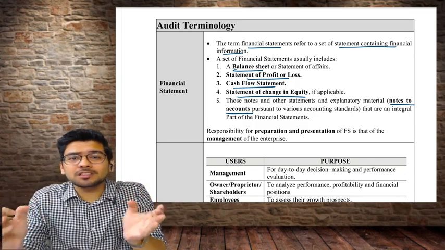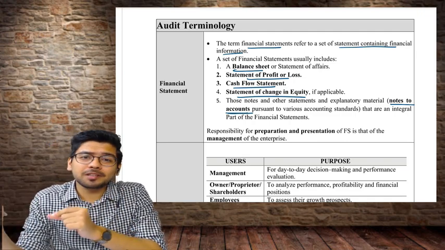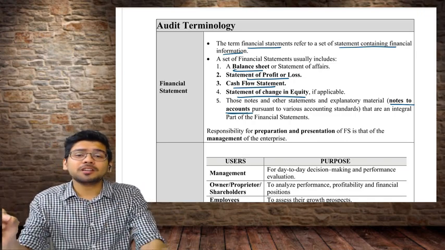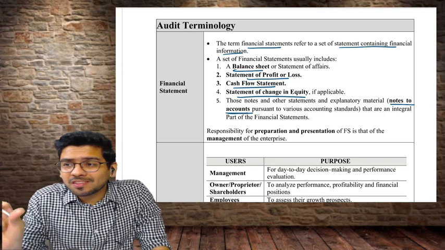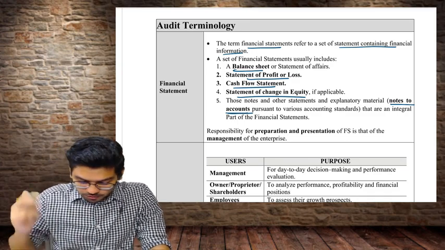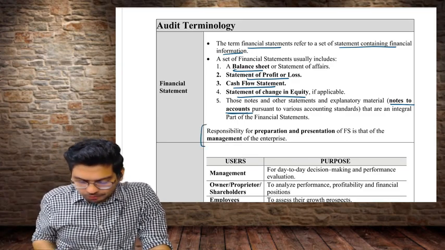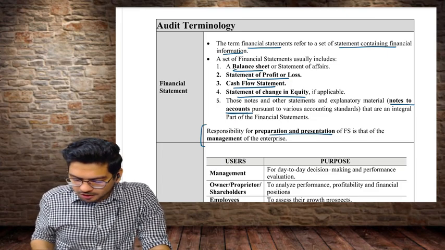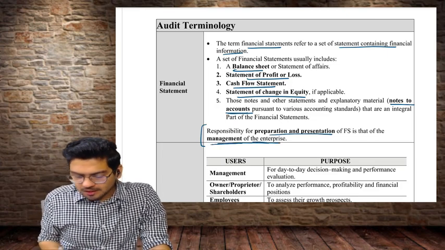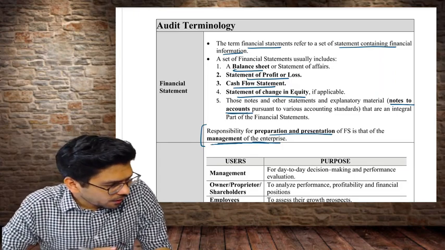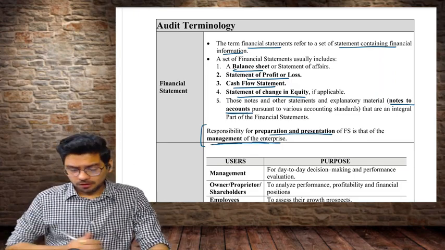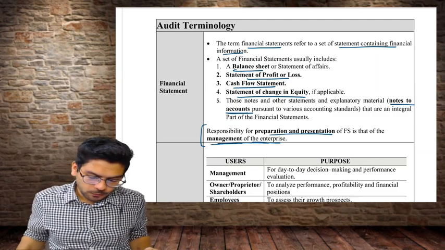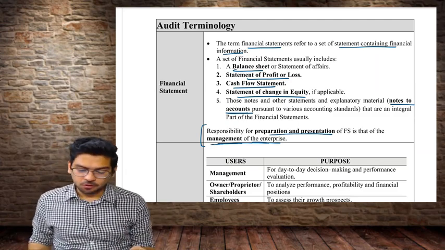The management is responsible for the preparation and the presentation of financial statements. So one important term that you have to understand here is that responsibility for preparation and presentation of financial statements is that of the management of the enterprise. Fine. So this is what financial statement means.